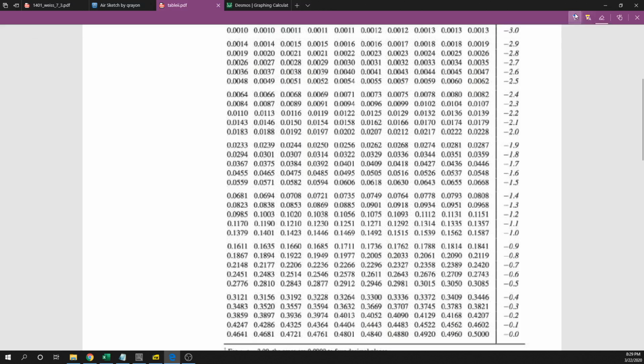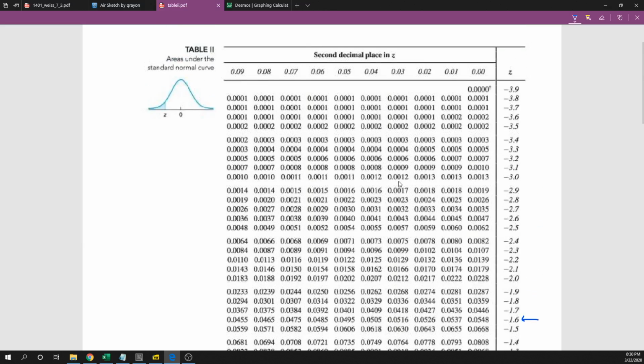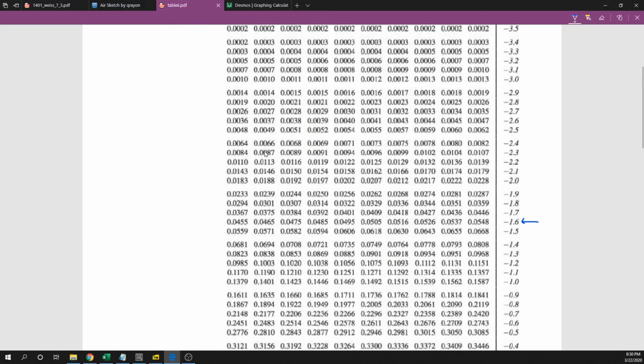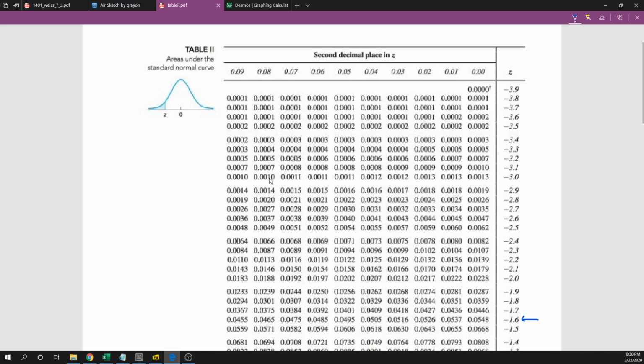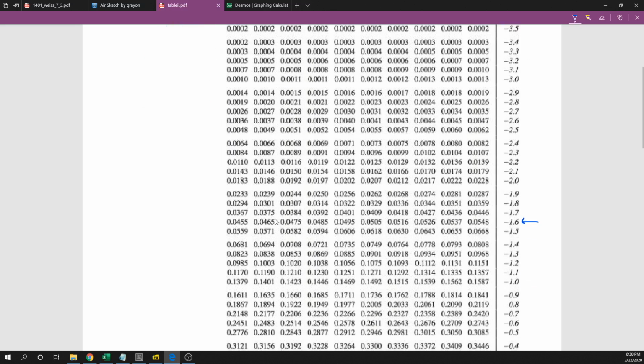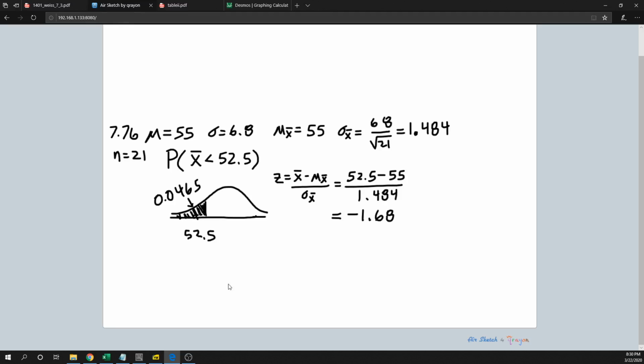So minus 1.6 is right here. And then 8. Right here. 0.0465. All right.